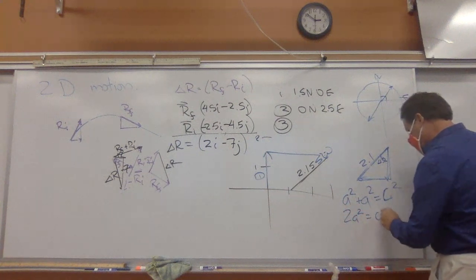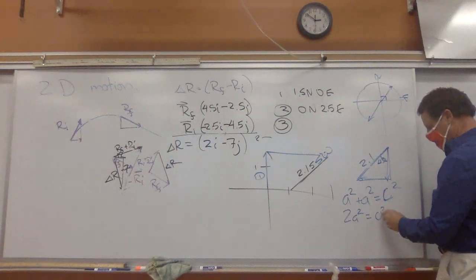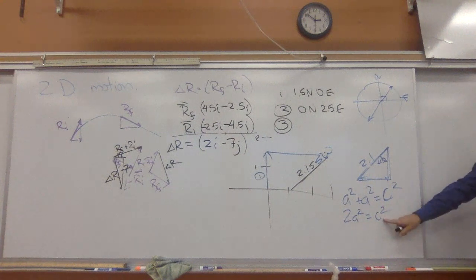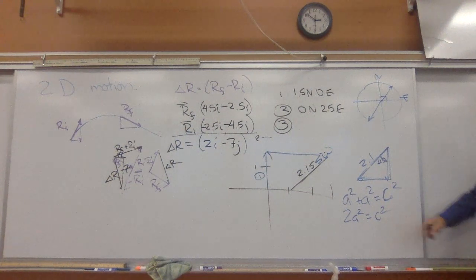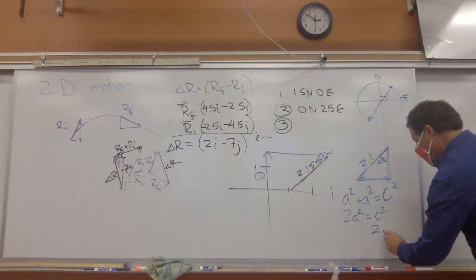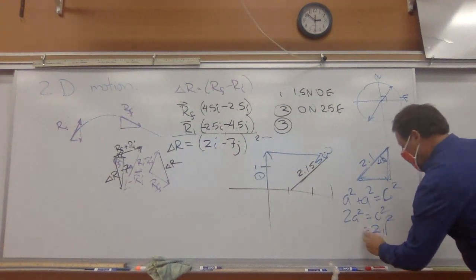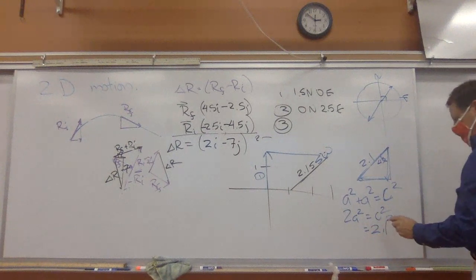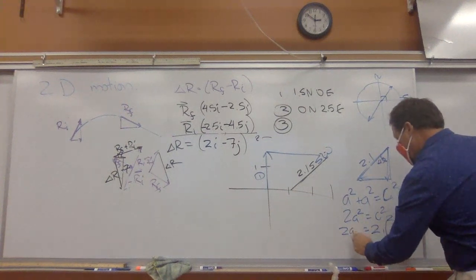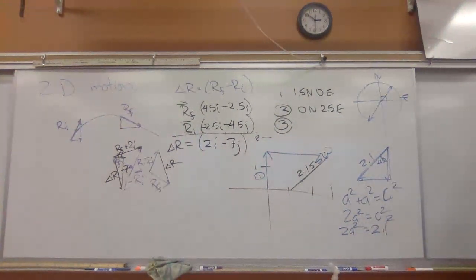And we know that c is 2.1. So 2.1 squared is equal to 2 times a squared.